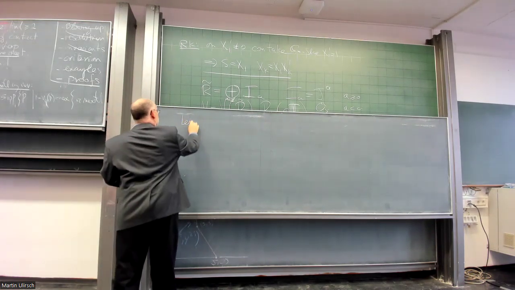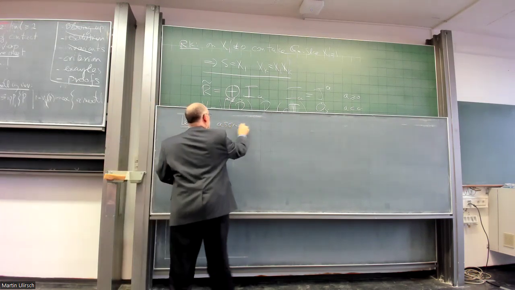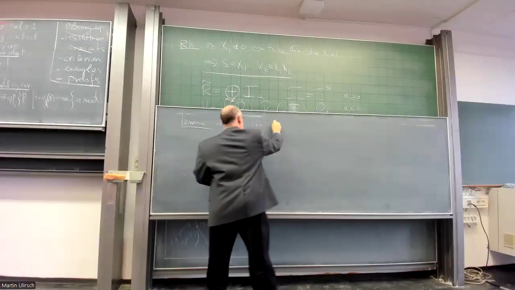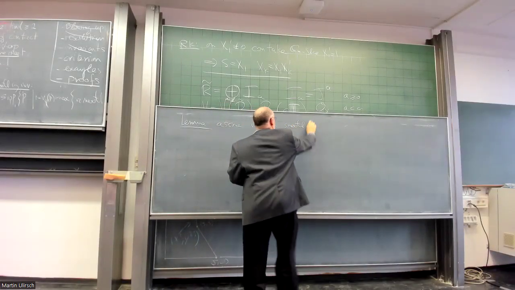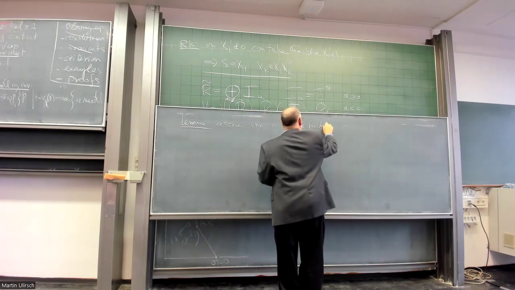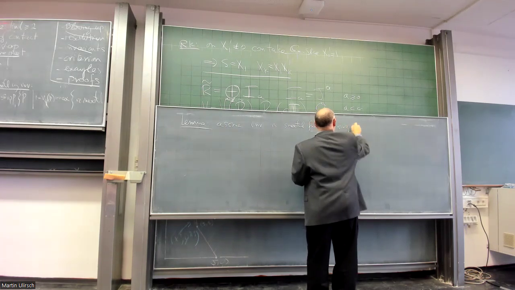So here's a lemma. Assume inv is a smooth functorial singularity invariant.